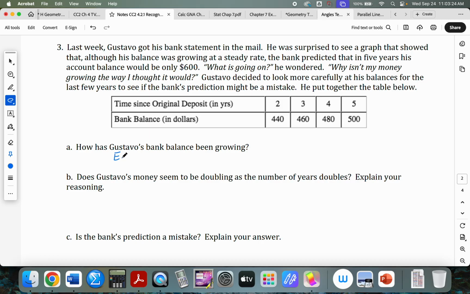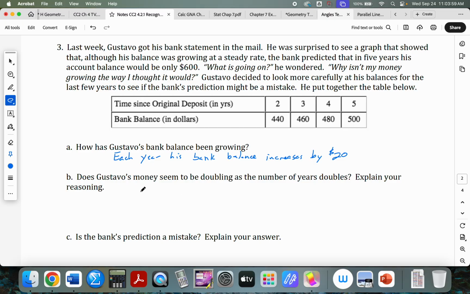Each year his bank balance increases by $20. And as I said, that's not the way banks actually work. They would give you a percentage, not a set $20 every year.